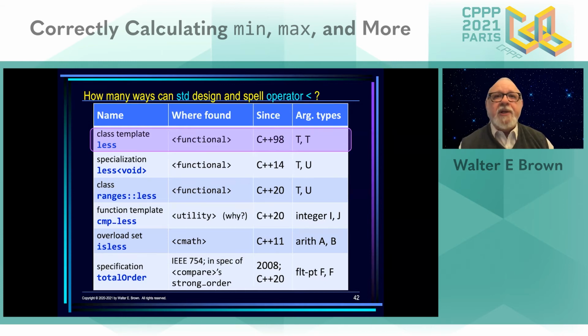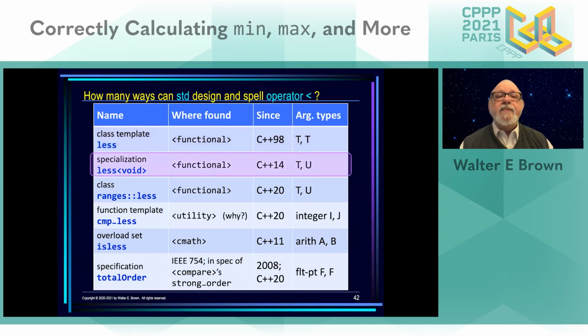Now, starting in C++14, the standard introduced a specialization of that template named less of void. That specialization cannot occur by type deduction. There are no values of type void. So this could never previously arise. So this particular specialization was introduced as the standard library's version of heterogeneous comparisons.